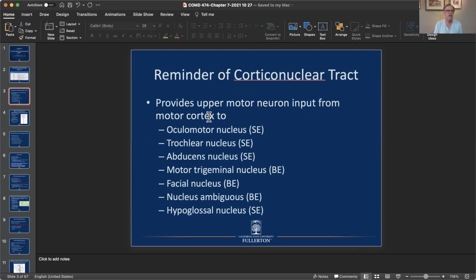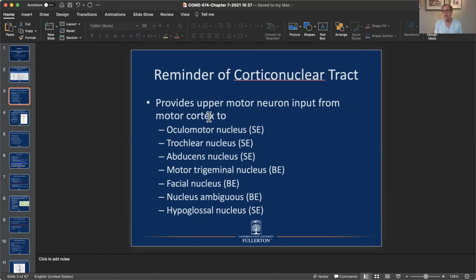Now, this is a reminder about the cortical nuclear tract, since we're going to be talking about motor and sensory in this unit. We're all about the cranial nerves, but I want to remind you about the cortical nuclear tract. This is not new information, it's old information, but just a reminder that the upper motor neuron input from the motor cortex to a certain of the cranial nerves that have motor functions are by way of the cortical nuclear tract, which is a companion to the cortical spinal.